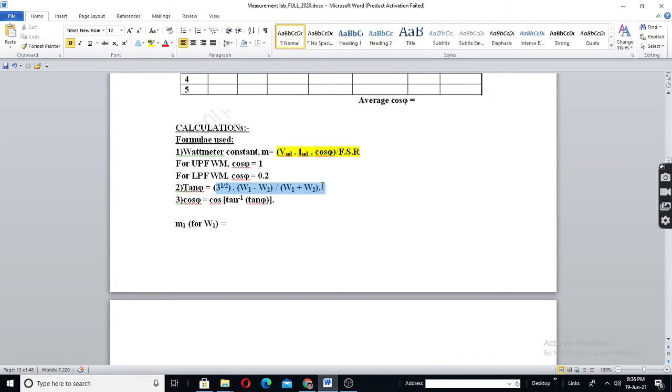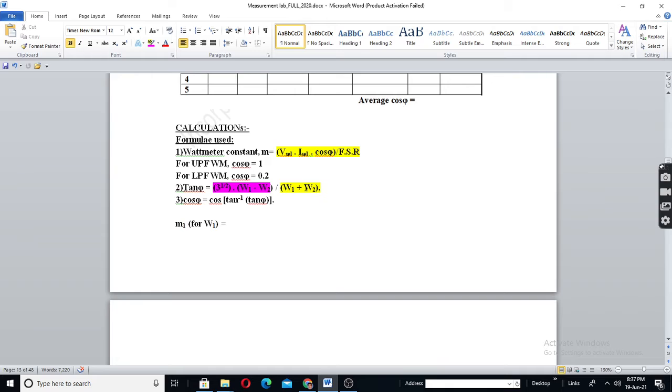Okay, you will get this formula. This is in the numerator, root 3 into W1 minus W2, and this is in the denominator. Here I cannot write it in a single line. Hence, kindly refer to Google search. So this is numerator, this is denominator. You will get tan phi.